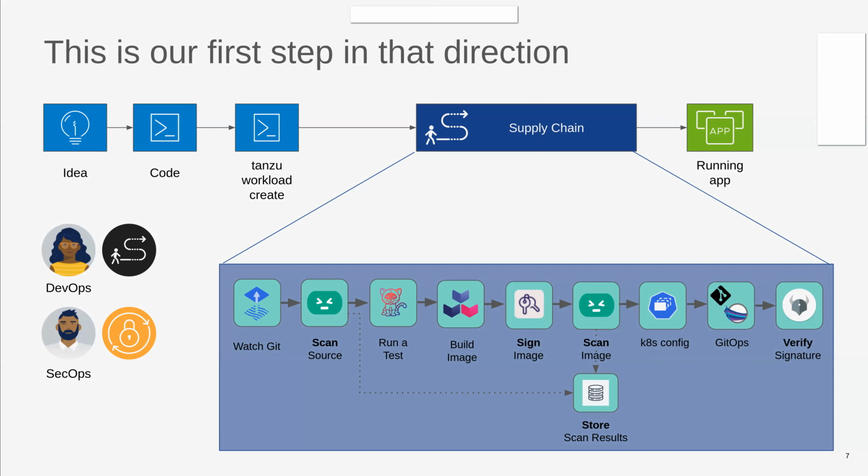Once against the source code, and then at the end, after we build an image and it has been signed, we scan it again. All this valuable information we have identified will be stored in what we call a metadata store, to be then used for auditing and compliance purposes.